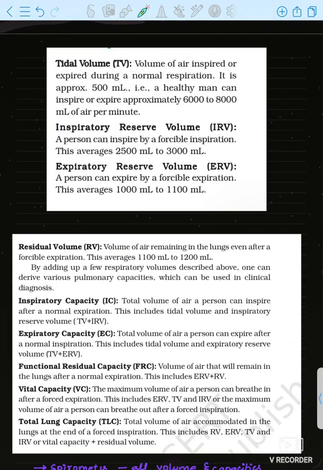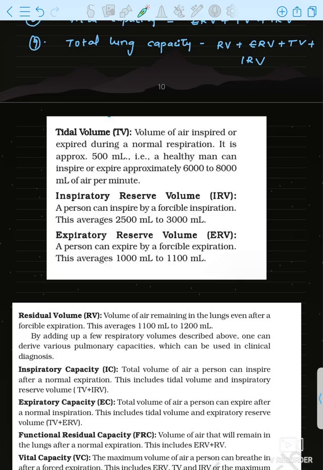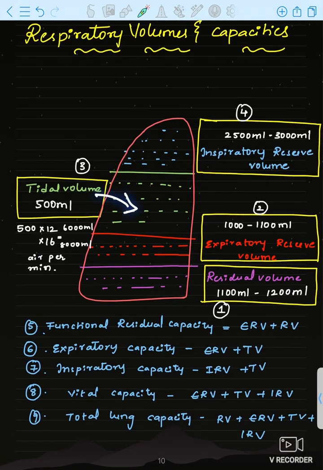Now let us read the definitions, you will understand what is tidal volume. Tidal volume means, what did I tell you? It's normal inspiration and expiration. It has fixed normal inspiration volume and expiration volume 500 ml. We told, in respiration 12 to 16 times per minute breathing will occur.